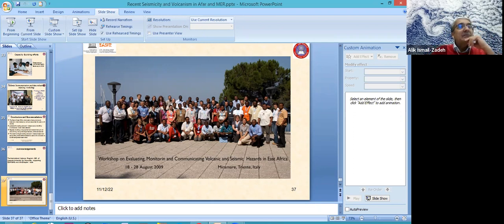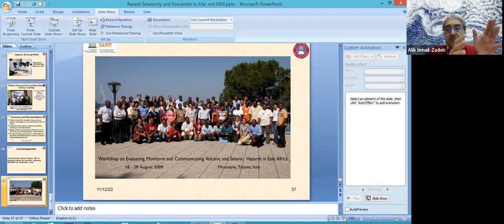What is a puzzle to me, really, is slide 31 of yours with a table where you show very high magnitude events and no casualty. It is fantastic, but what is the reason for that? Were its epicenters located quite far from the place where real settlements are, or was their calculation of magnitude improper, or what is the reason for that?